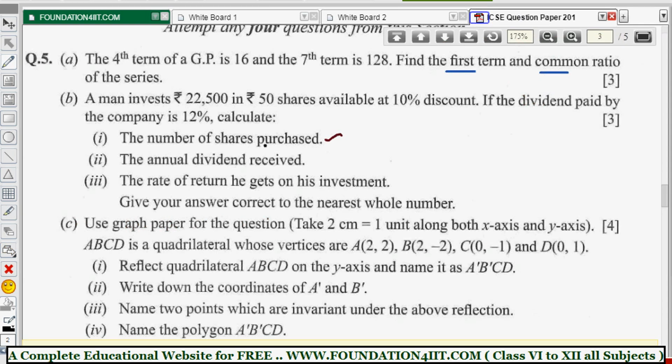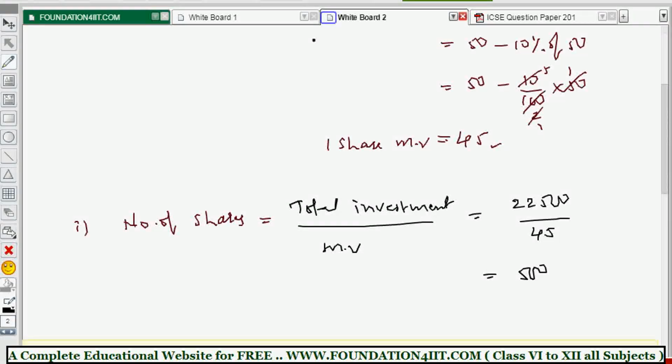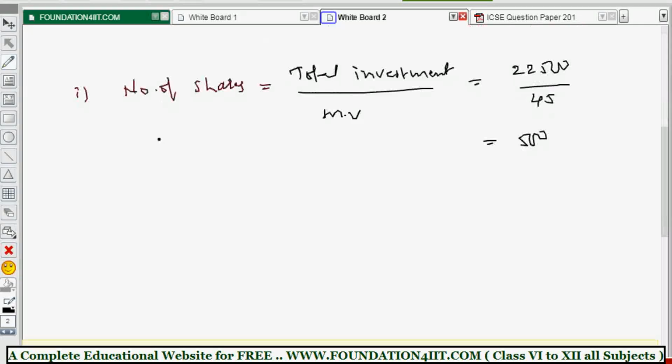Annual dividend received, you need to find out. According to the question, the dividend given is 12%. Dividend is always calculated on nominal value. Then annual dividend is 12% of nominal value.